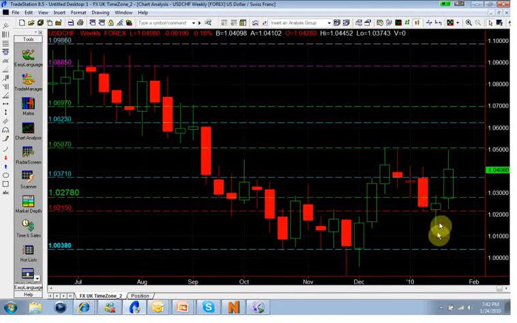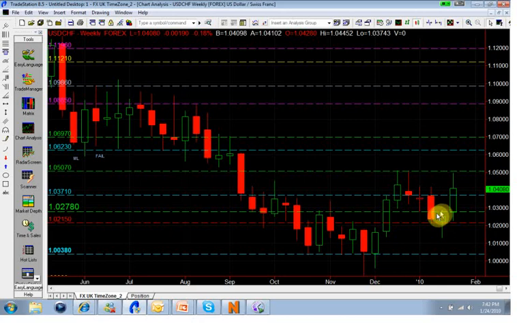We sold off. This is quite a bullish week, and then it was followed by a big range week to the upside. This is a failure. It failed to continue to the downside, but it is also a reversal.